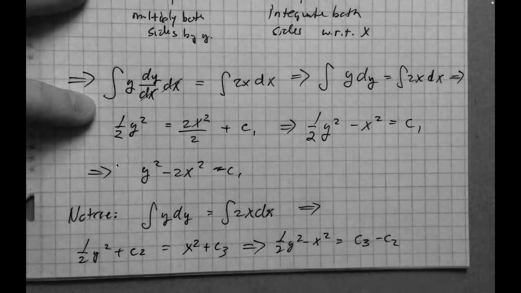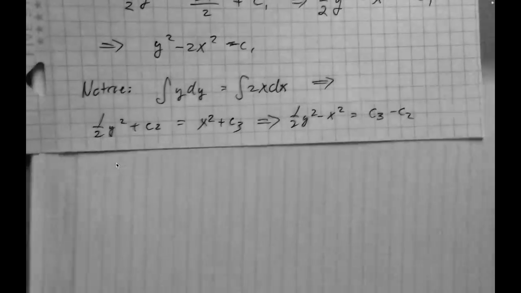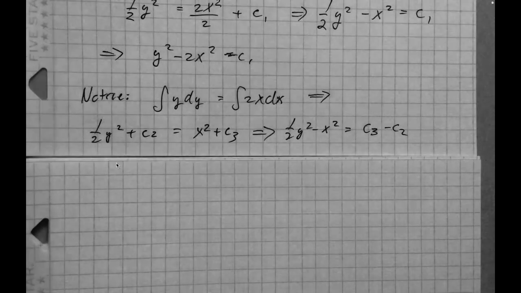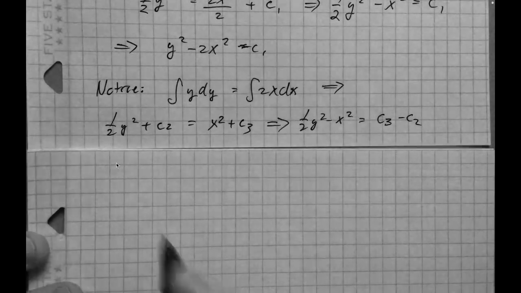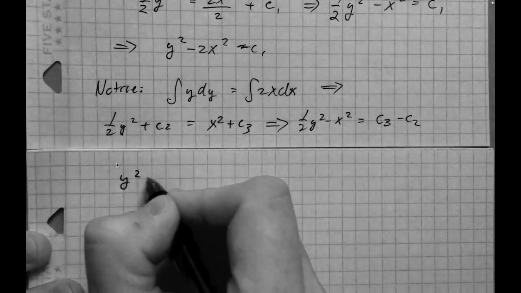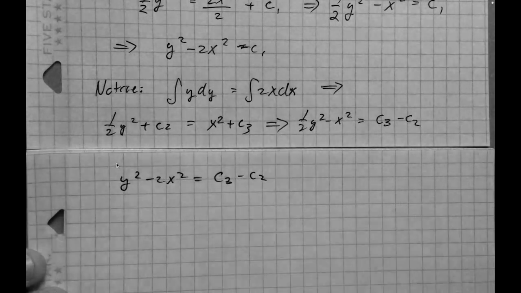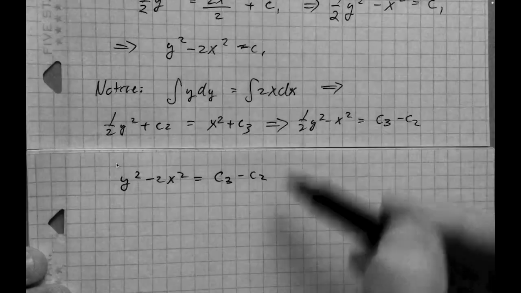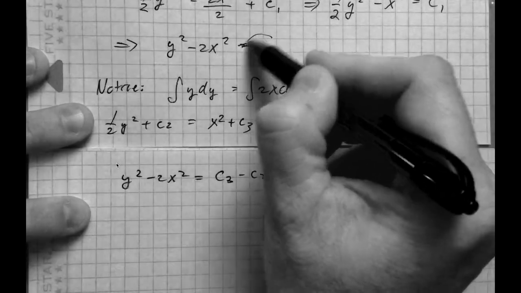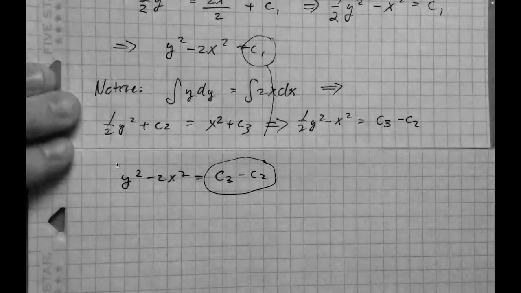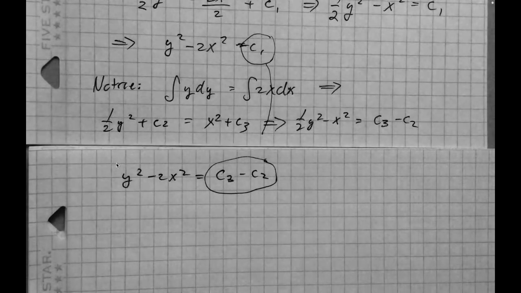right? And then technically I could just kind of put this in. I'm aiming for the same form here as the previous solution. So I could say this is y squared minus 2x squared equals c3 minus c2. Now that's basically the same thing as I have up top here, right? So notice you've got the c1, and over here you've got the c3 minus c2. So what we generally do is we just toss the constant on one side.